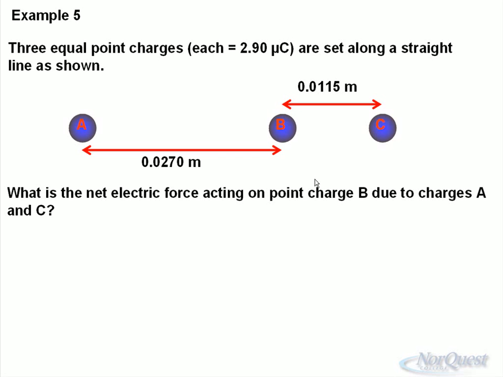So here's the first thing I would do. Look at B, then figure out what direction A would force B. If B was allowed to move, and ignoring C for now, since they're both positive, the electric force from A would cause B to go that way.